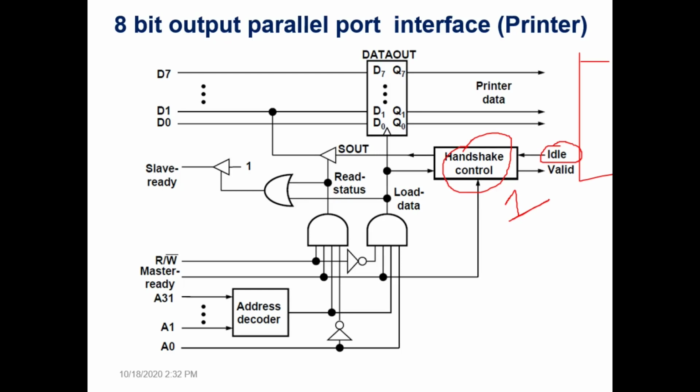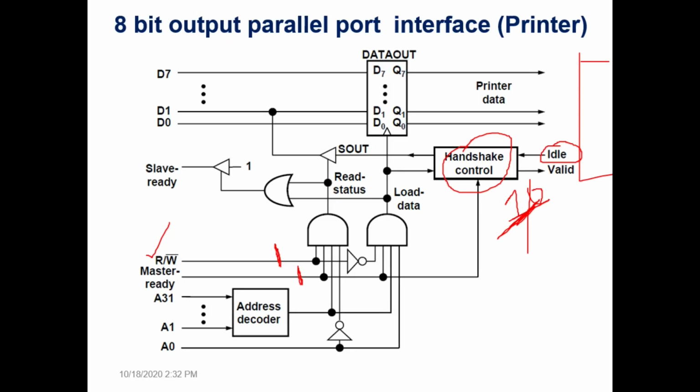The interface circuit status will be 1 if the printer is free, otherwise it will be 0. Now the processor makes the read signal 1. Why? Even though this is an output interface circuit, the processor gives the read signal as 1 in order to read the status from the interface circuit. So the read signal is 1, and the master ready signal is anyway 1 during the initiation of the transfer.